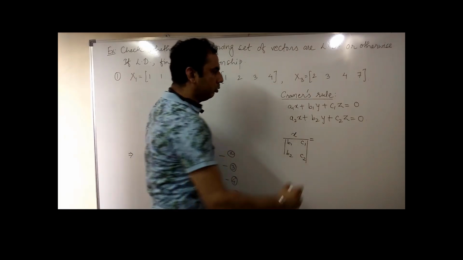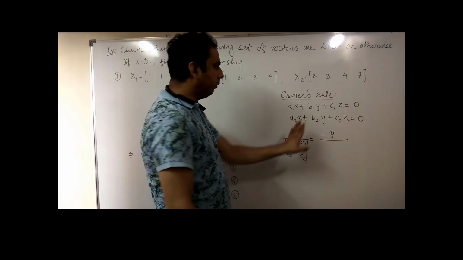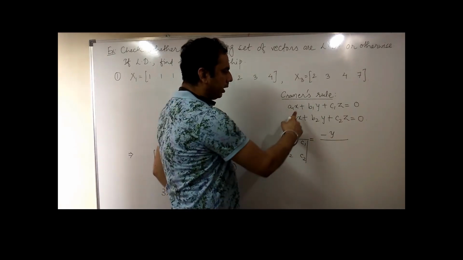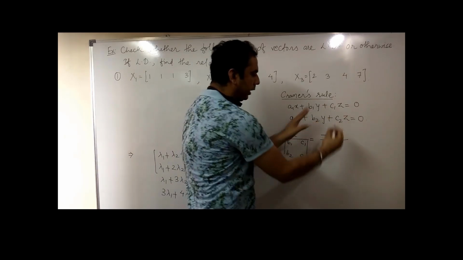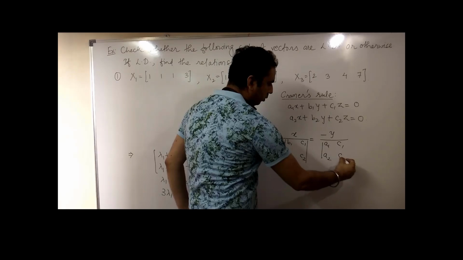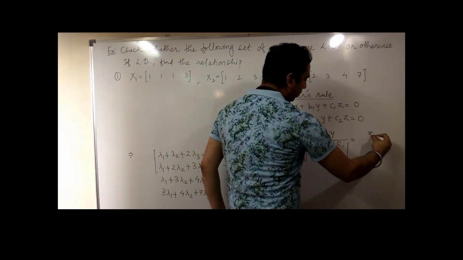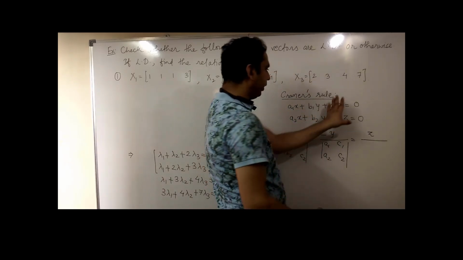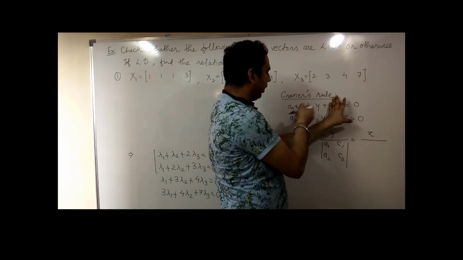You have to take the determinant of b1 c1 b2 c2, and this is equal to minus y upon, again hide the value of y and consider the determinant like this: a1 c1 a2 c2. And in the similar manner, z upon, hide the values of z and consider this determinant a1 b1 a2 b2.